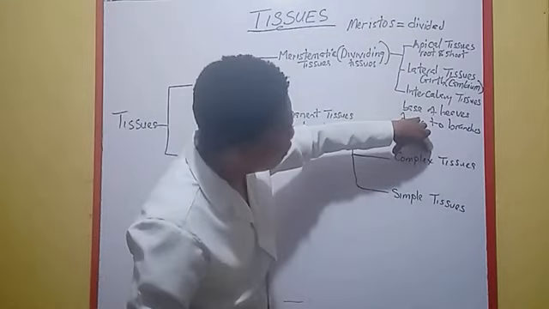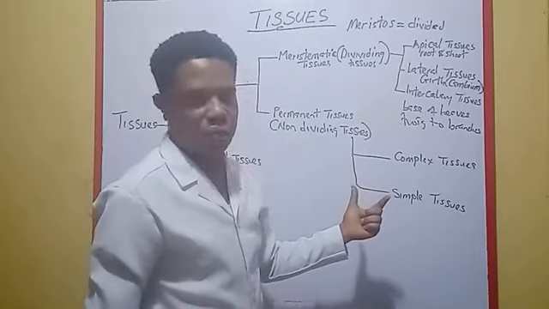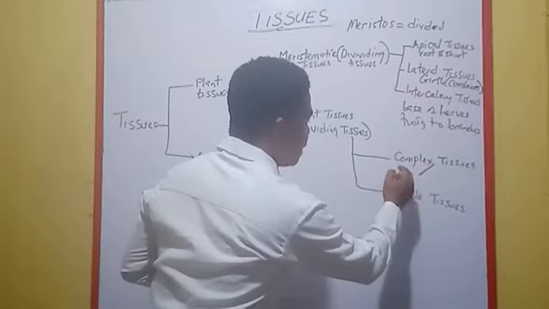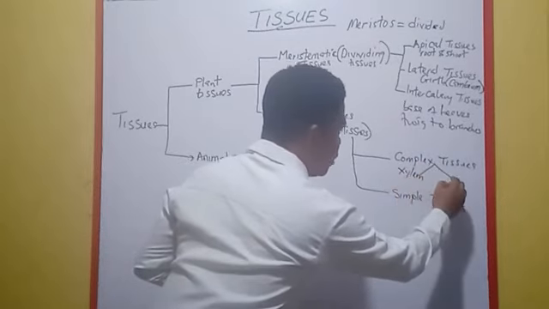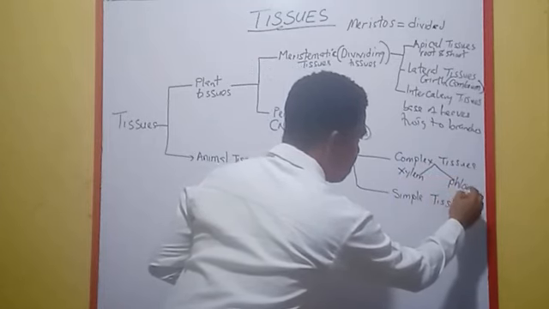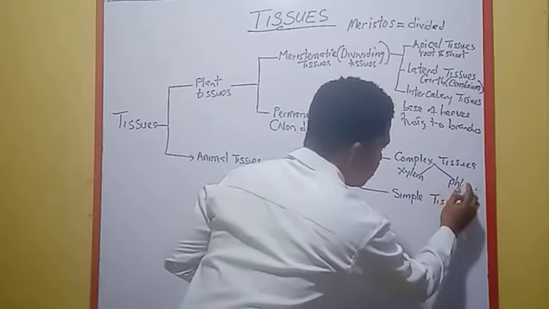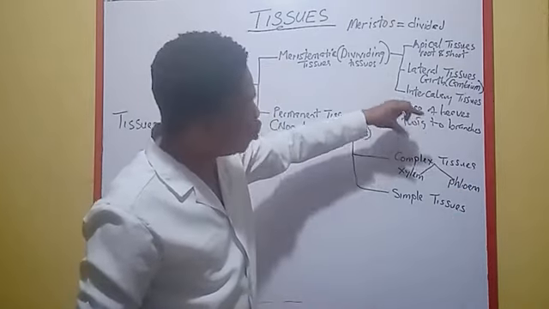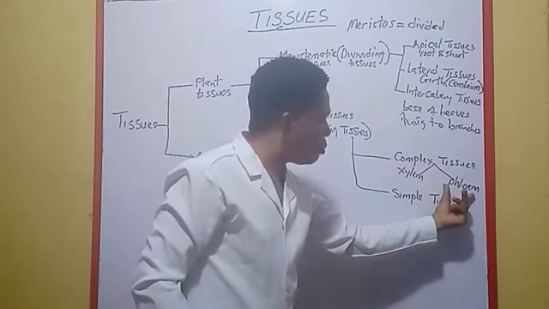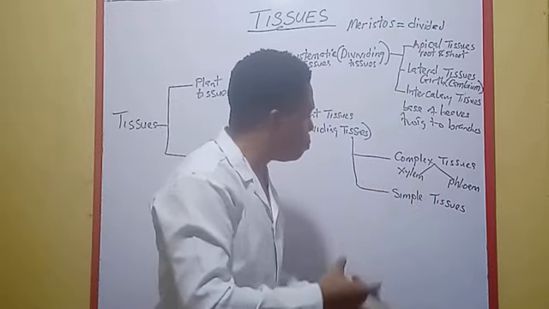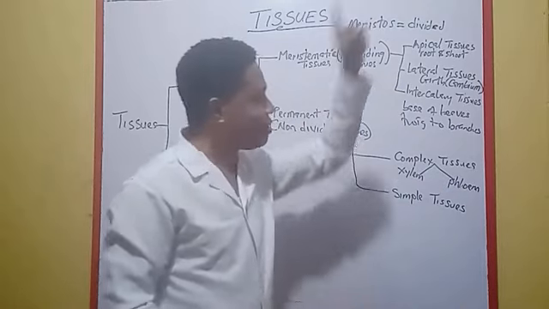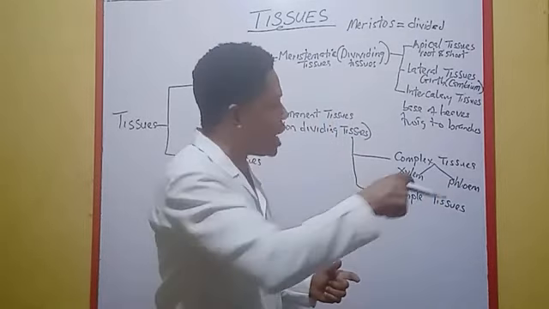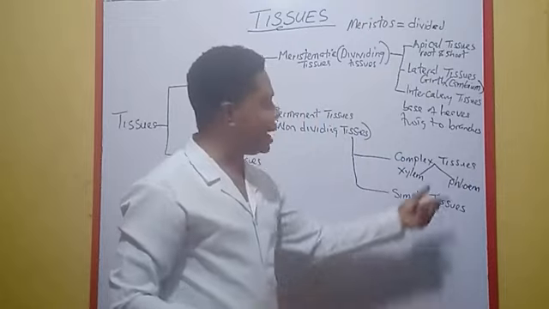The complex tissue performs the function of transportation, and it can be broken down into two: the xylem and the phloem. The xylem transports mineral salt and water from the soil to the plant, while the phloem transports manufactured food from where it is produced to where it is needed by the plant.